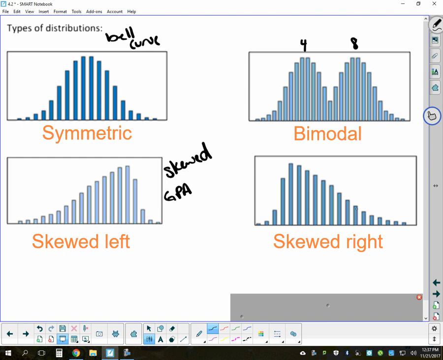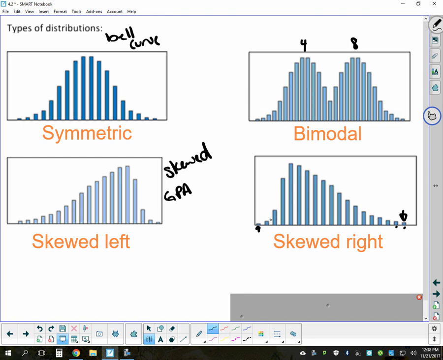Skewed right data might be your average household income. Okay, so you've got a lot of people in this general region right there. And then you have a very small amount of people who are super, super rich. Okay, and you have a very small amount of people who are very, very poor.